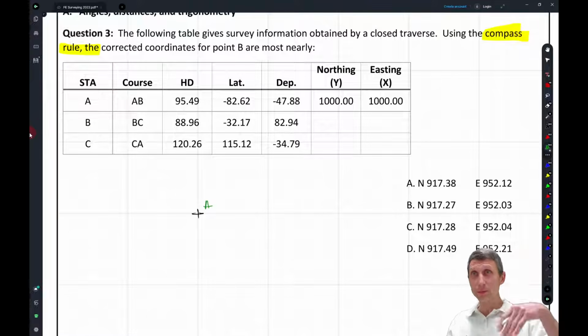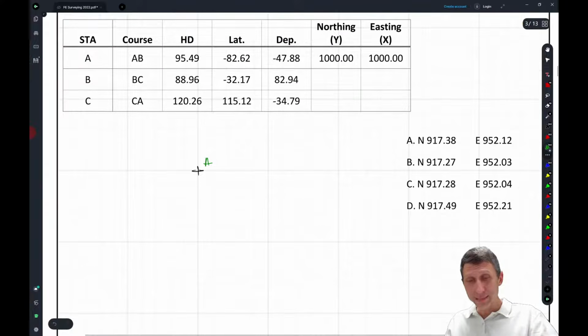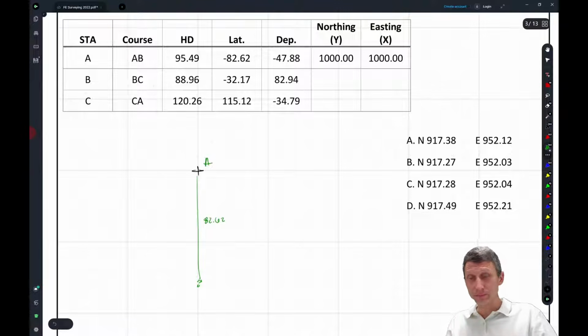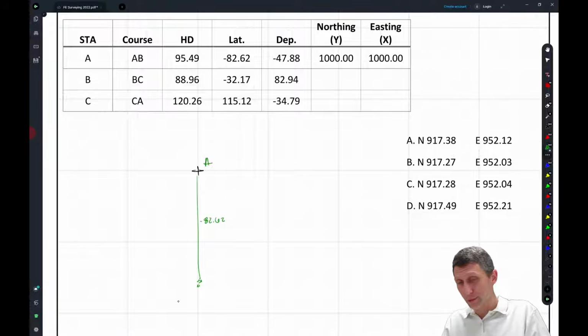If you remember, the latitude is up and down. So I'm going to come down 82.62. I'm just going to sort of eye this in. The negative means down. Then I'm going to go left because I have a negative 47.88. I'm just drawing this out. You don't have to draw this out.